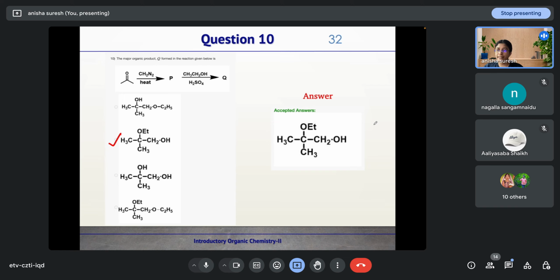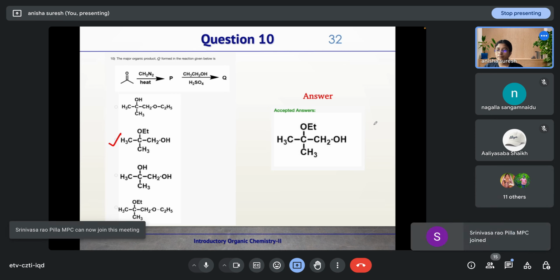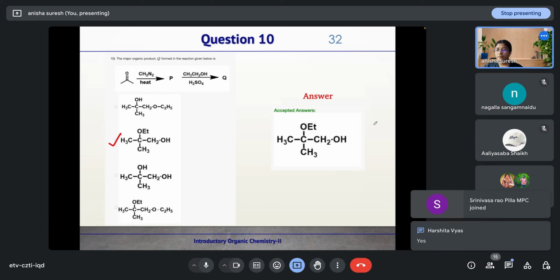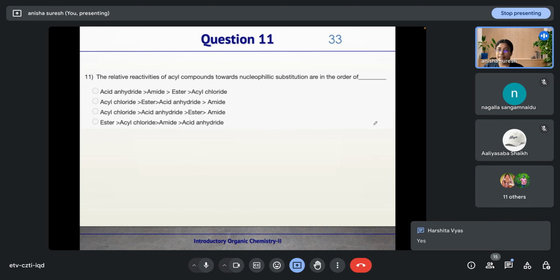Is the mechanism clear? Okay. Now coming to question number 11.